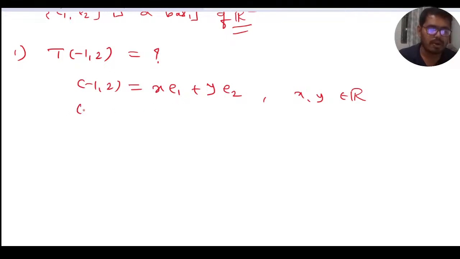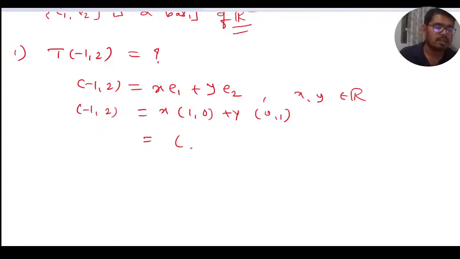Here E1 is 1, 0 and E2 is 0, 1. Simplify: x into 1 is x, and y into 0 is 0, so we get x, y, therefore -1, 2.